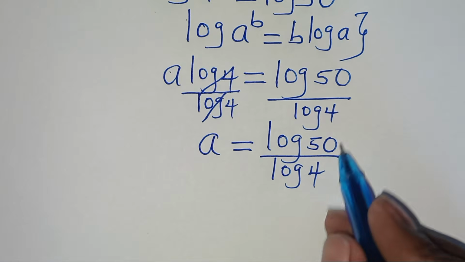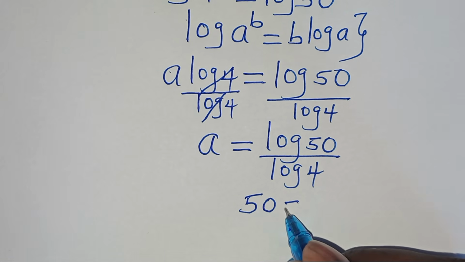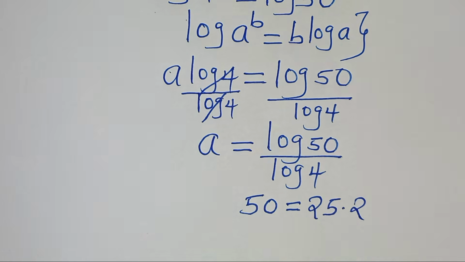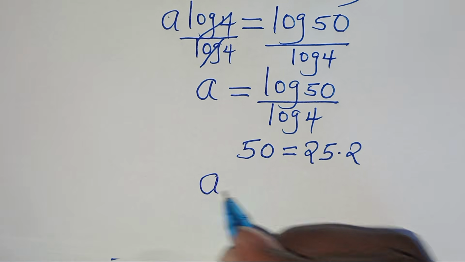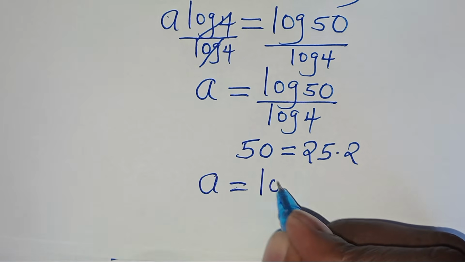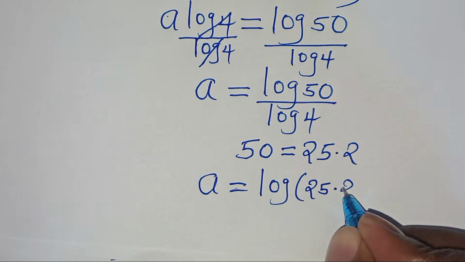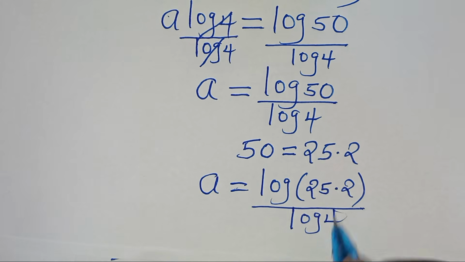The next step is that we can express 50. This is the same thing as 25 multiplied by 2. So this means that a is equal to log 25 multiplied by 2, then divided by log 4.